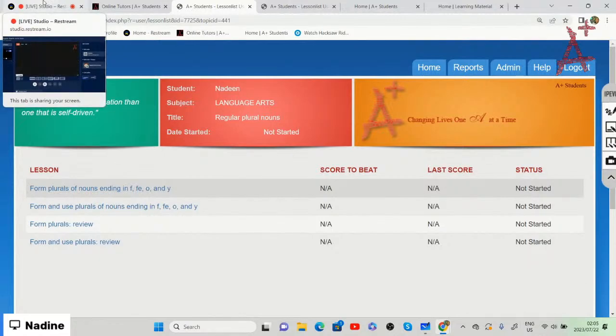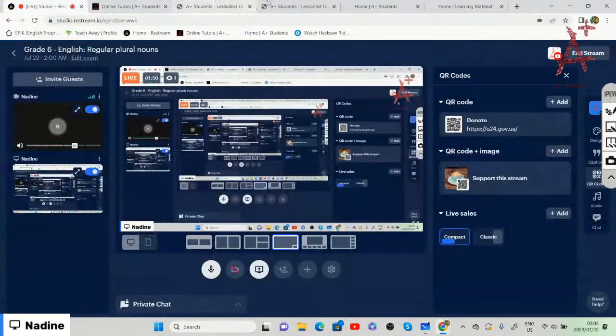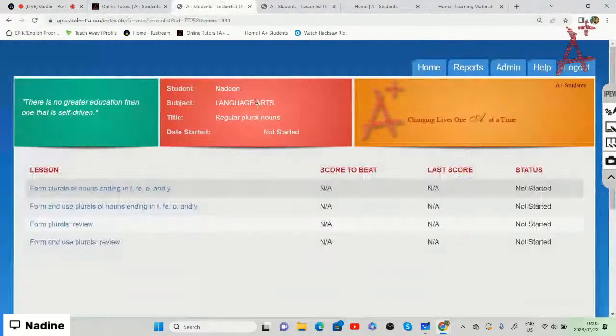and our lesson for today is to form plurals of nouns ending in f, fe, o, and y. Form and use plurals of nouns ending in f, fe, o, and y, and form plurals and use plurals, right?